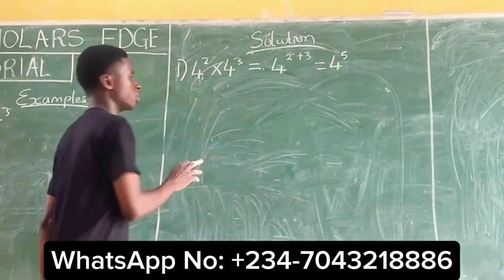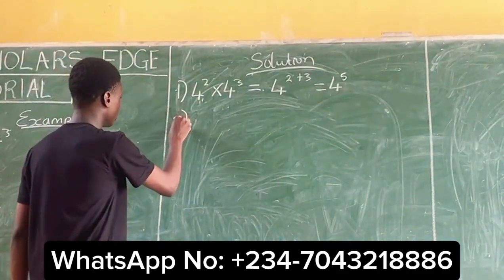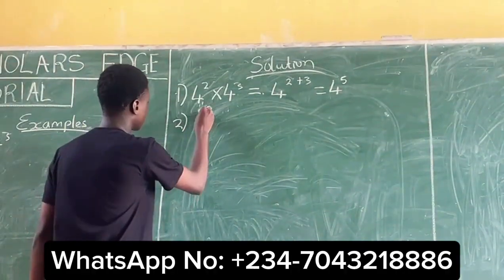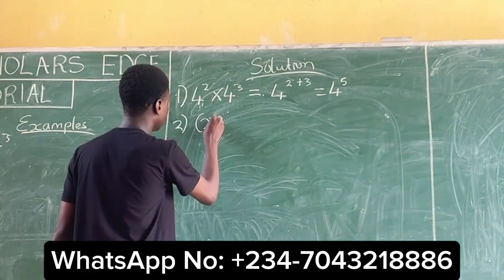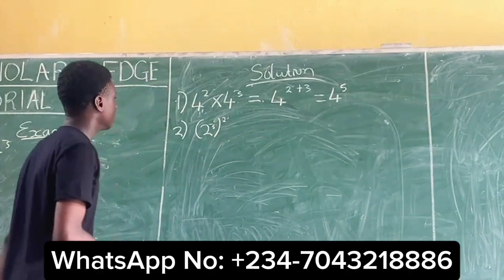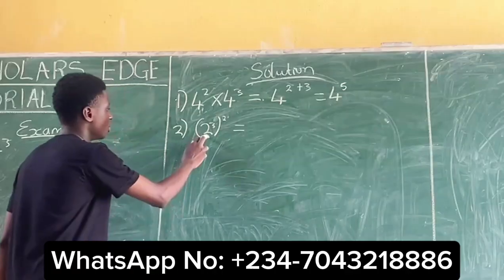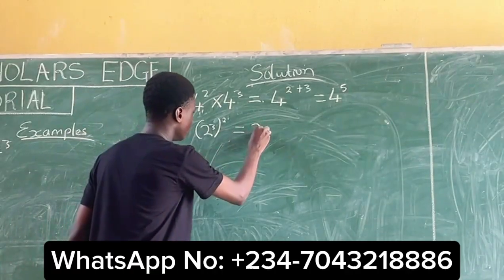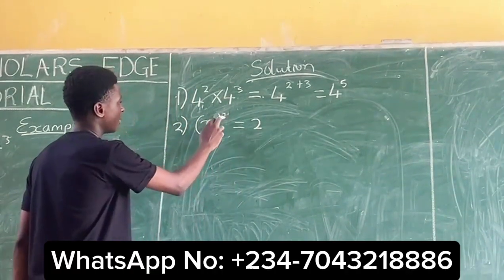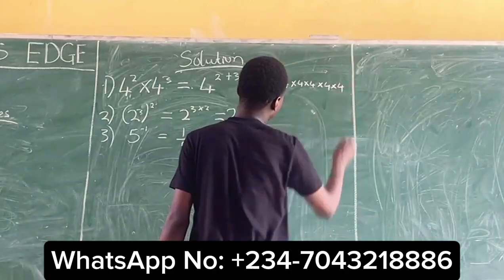Now moving on to question 2. Question 2 is 2 to the power of 3 all raised to the power of 2. Now, to solve this, we pick out the base, which is 2, and we multiply the powers. Sorry, times 4.